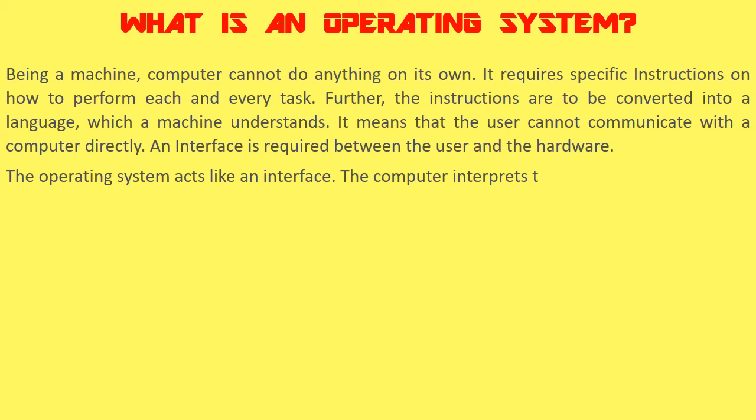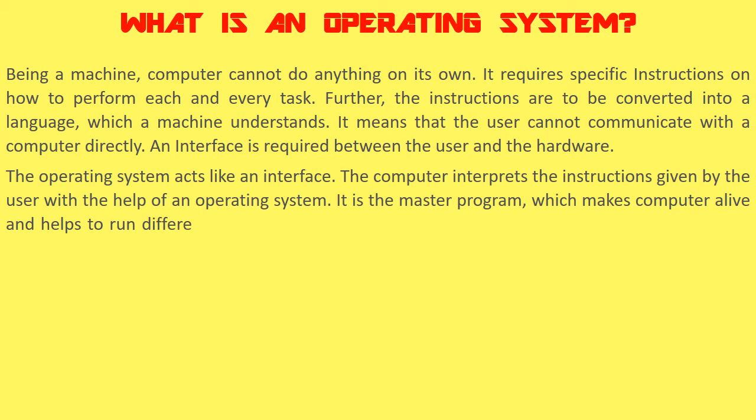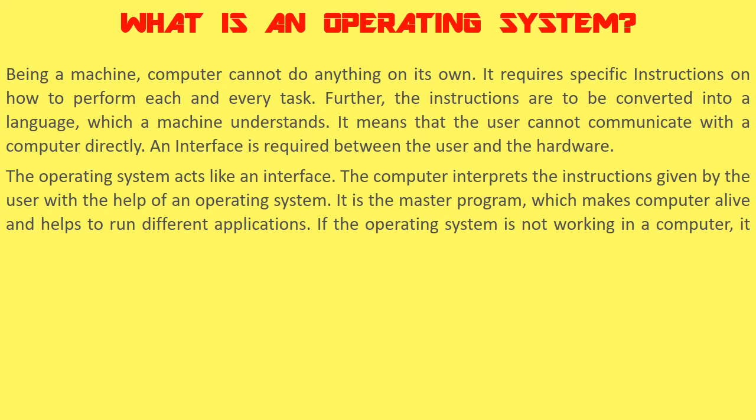The computer interprets the instructions given by the user with the help of an operating system. It is the master program which makes the computer alive and helps to run different applications. If the operating system is not working in a computer, it will not be able to perform any operation.